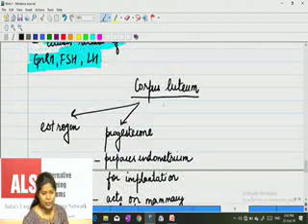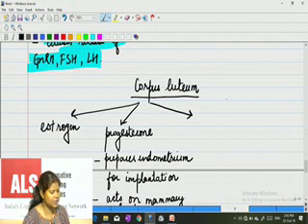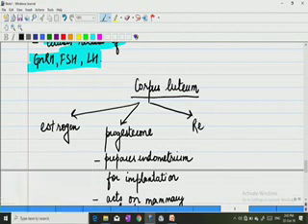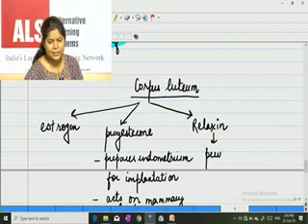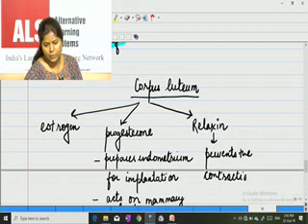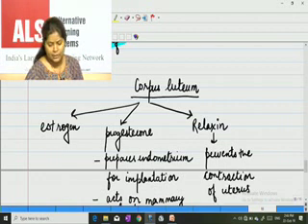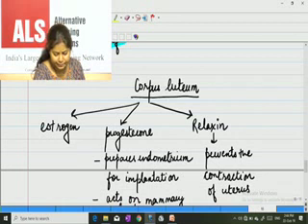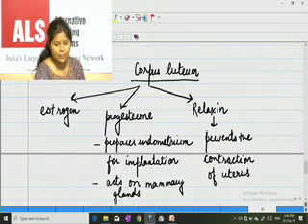Okay, let's talk about relaxin. I will be giving you certain MCQs to solve after this. Whole things we are done. What does relaxin do? It prevents the contraction of uterus, number 1.